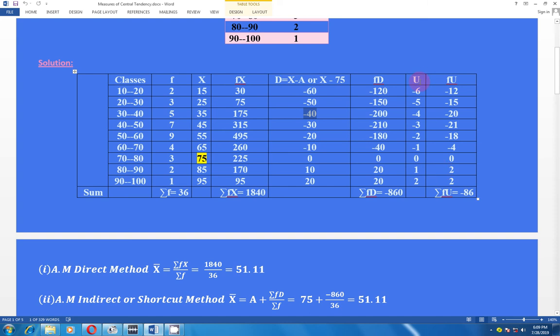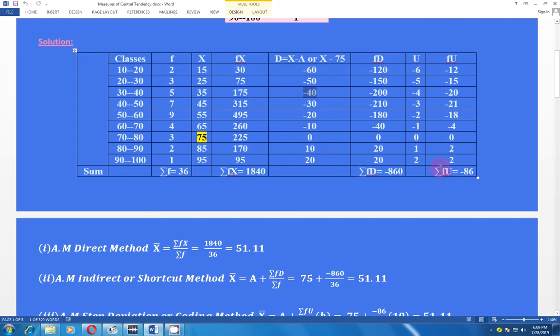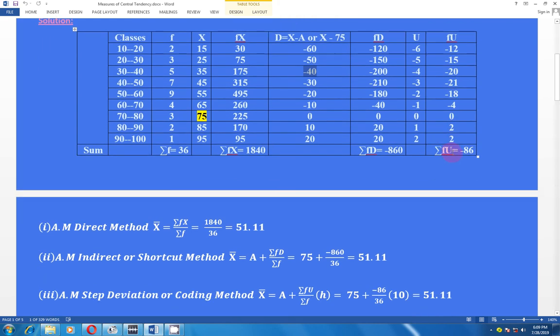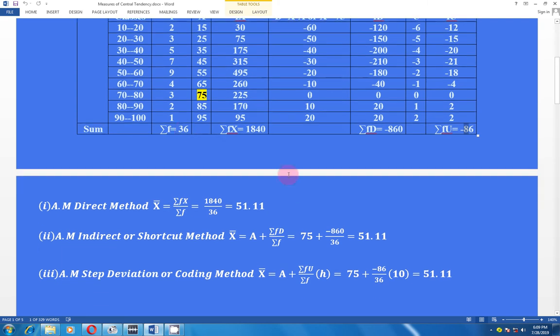After obtaining the values of u, we simply multiply u values with f values. So minus 6 multiplied by 2 is minus 12, minus 5 multiplied by 3 is minus 15, minus 4 multiplied by 5 is equal to minus 20, and so on. And after summing all the values, sum of fu is equal to minus 86. A is equal to 75, h is equal to 10, and sum of f is equal to 36.